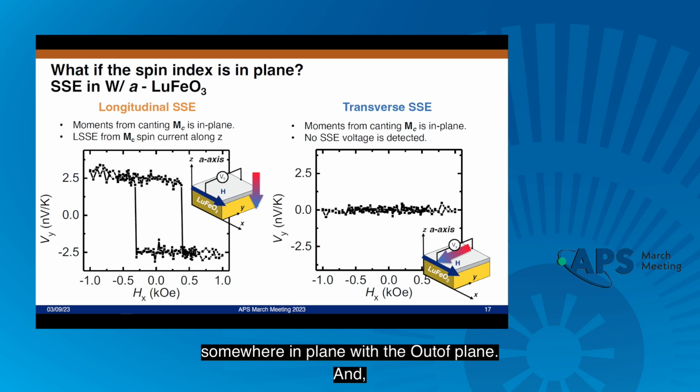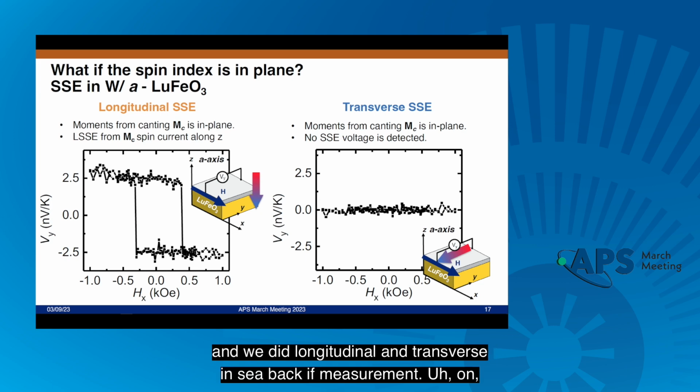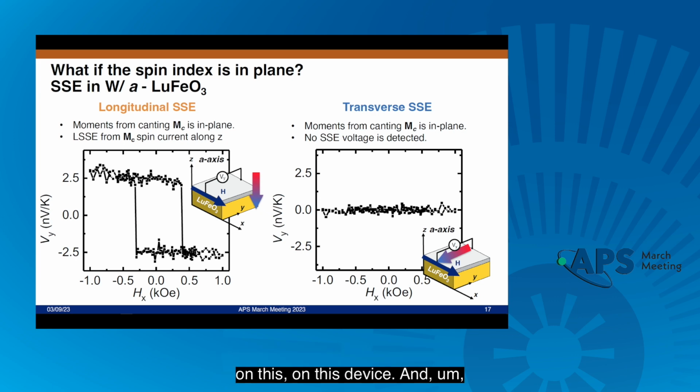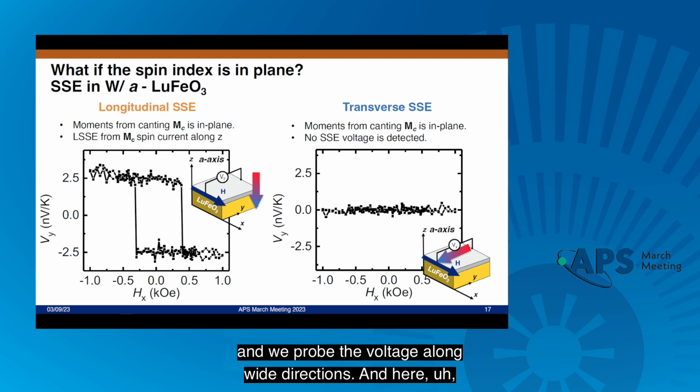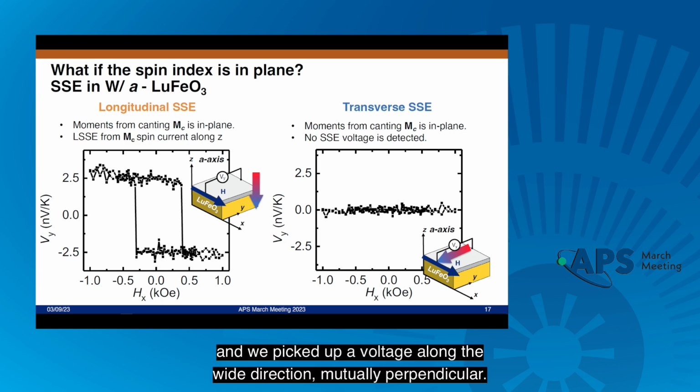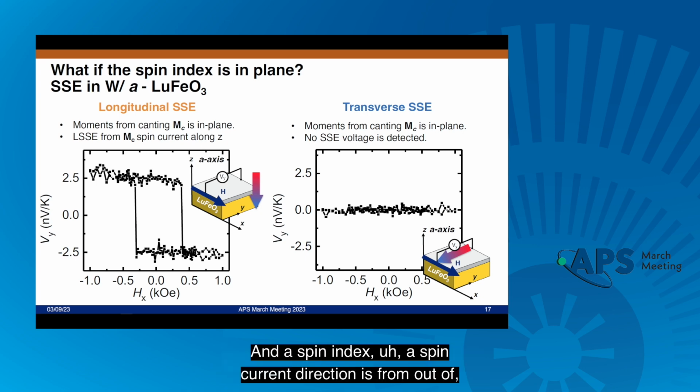We did longitudinal and transverse spin Seebeck measurements on this device, and with the out-of-plane temperature gradient, we apply a magnetic field in plane along the x direction, and we probe the voltage along the y direction.